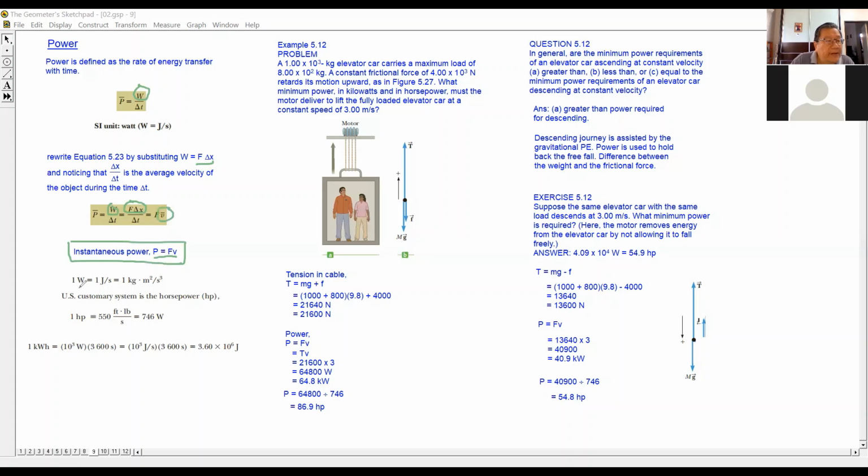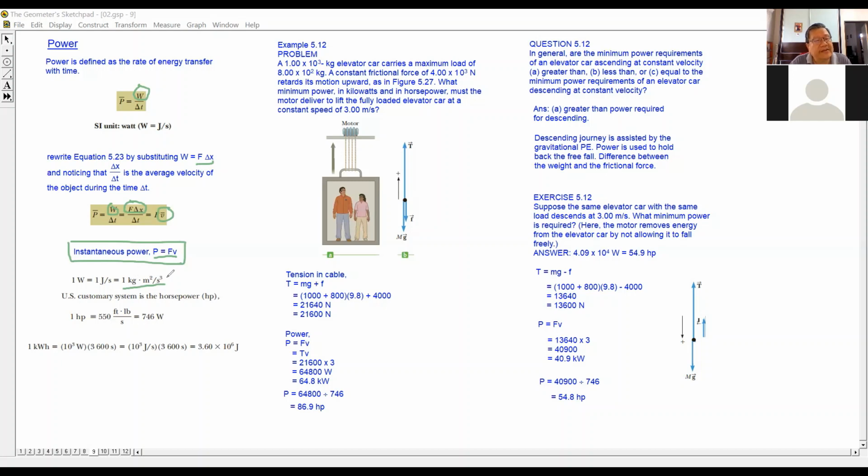So now we come back to the units. 1 watt, the unit for power, is equivalent to 1 joule per second. It is also equivalent to 1 kilogram meter square per second cube. They express this in base quantities.